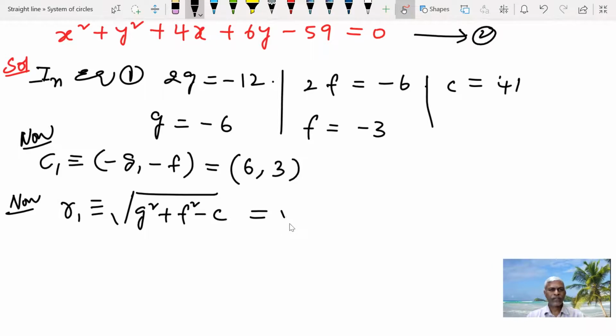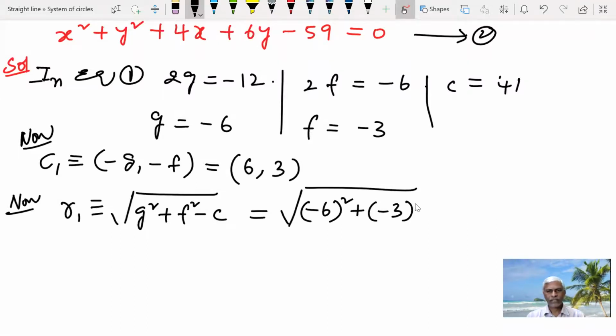So g square, minus 6 square, plus minus 3 square, minus c, that is 41.